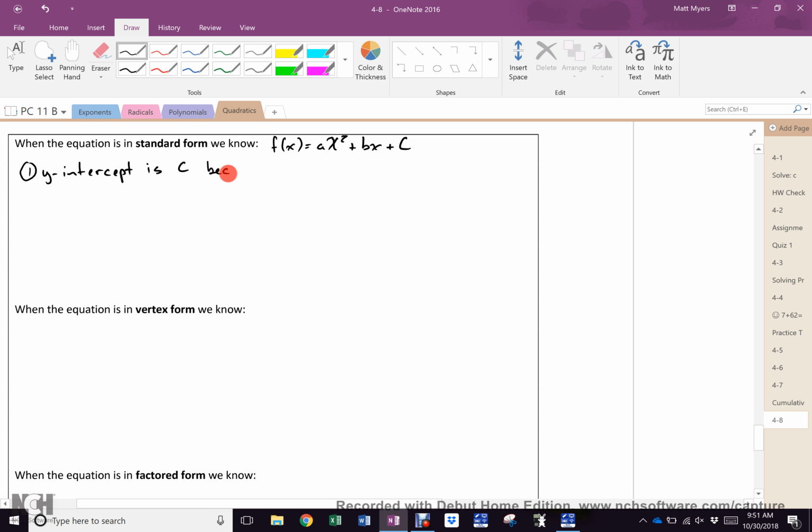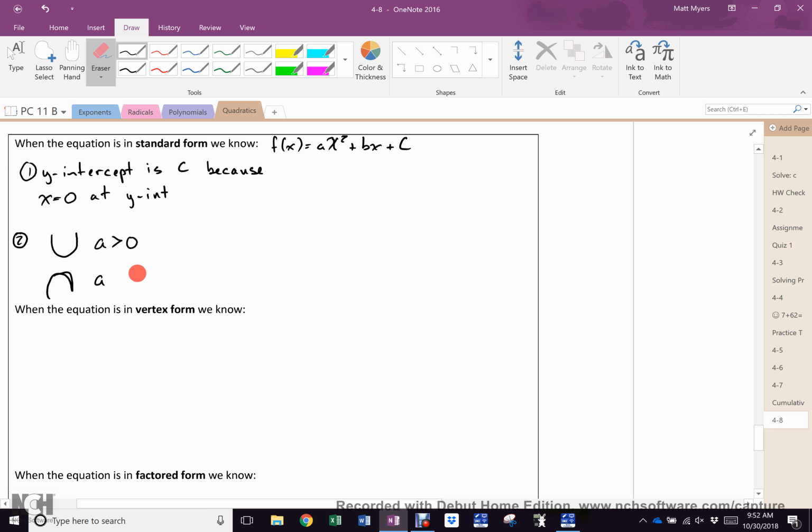It also tells us something else. What else does it tell us without even thinking? Yeah, it tells us if it is this, then what up here? The first one is positive. A is greater than 0. Right? If it's this, A is less than 0.